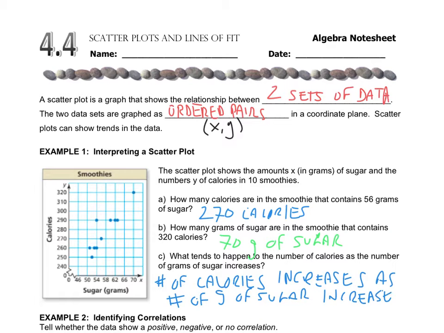And that's really all we're going to say for now. We're just going to talk about as one is increasing, so is the other one. So the more sugar you have, the more calories you end up with.